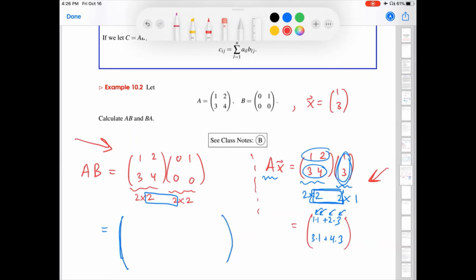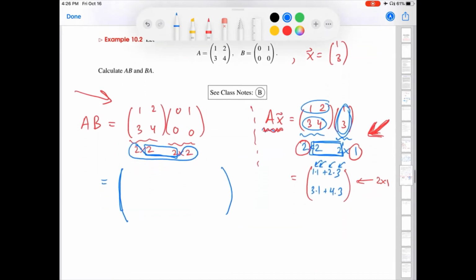Going back to the calculation on the right-hand side, the product AX has size equal to these two outer numbers. In this case, this is a 2 by 1 matrix. It's a vector. The same thing happens over here on the left-hand side. The product we're going to get is of size 2 by 2, so it's going to be a 2 by 2 matrix.